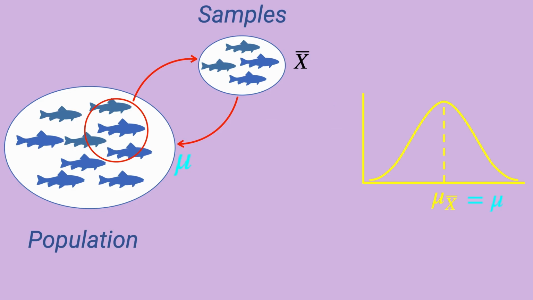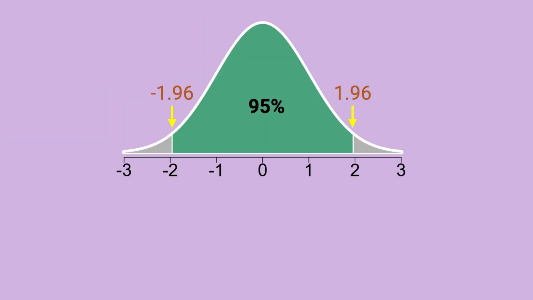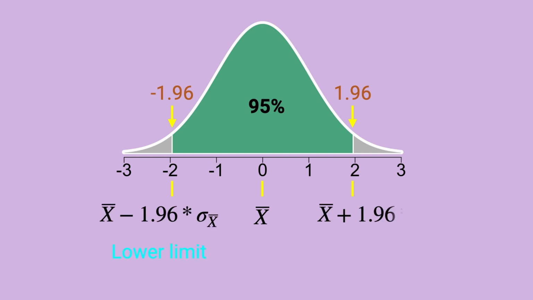If we do not know the standard deviation of the population, we can use the standard deviation of the sample to estimate the standard deviation of the sampling distribution. Based on the standard normal distribution, we can estimate the lower and upper limit of the mean for confidence interval, such as 95%, from the mean and the estimated standard deviation of sampling distribution.